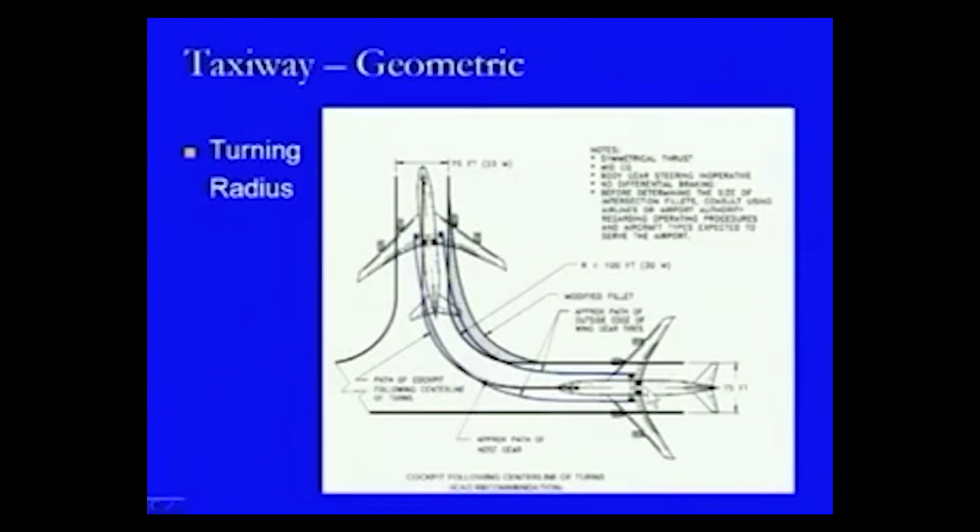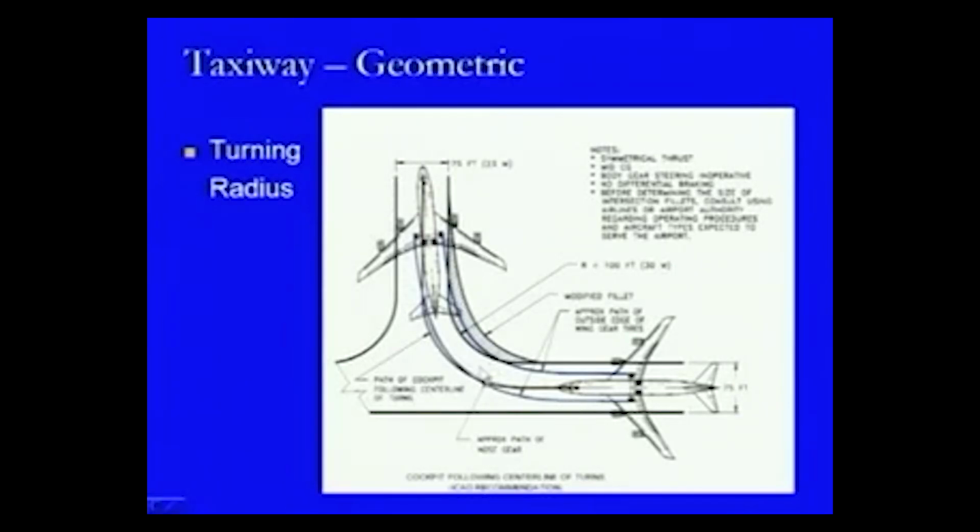This is another case where it is coming from one of these conditions to this one, and this is the ICAO recommended condition, where this is a nose and the nose gear remains very near to the center line.